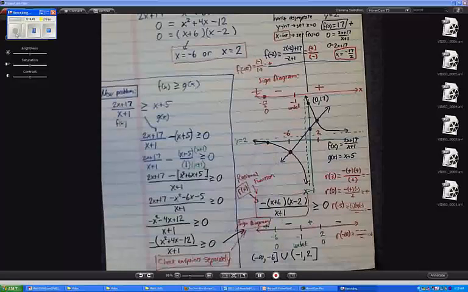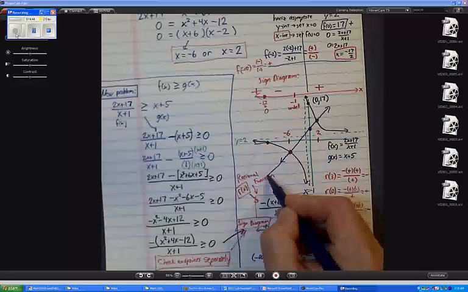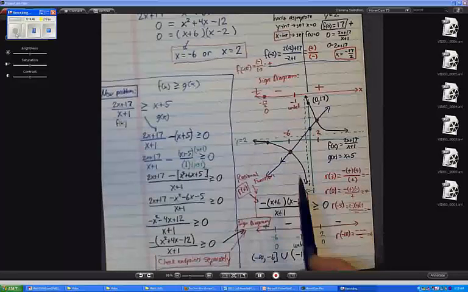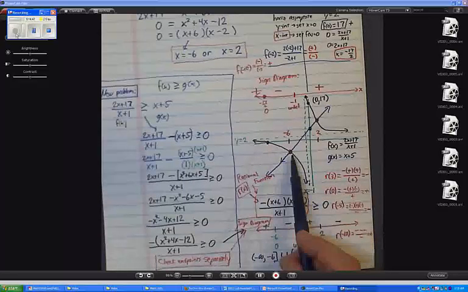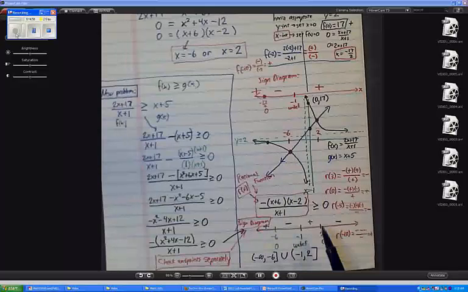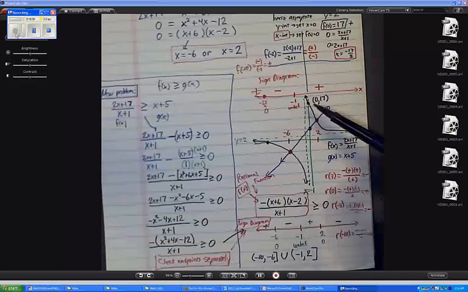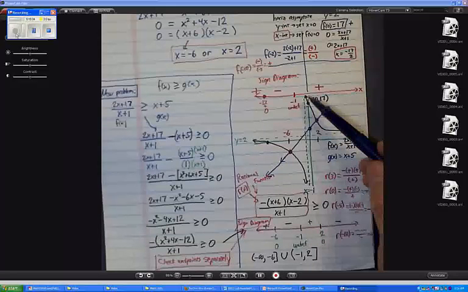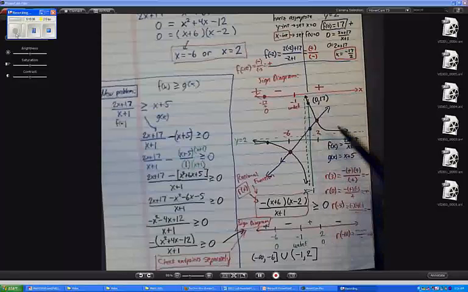I didn't draw it out this far, but do you see what I'm talking about? And then, in this interval, the blue's above the black, until you get to negative 1. Why? Because there's an asymptote, and all of a sudden, where's the black now once I move to the right of negative 1? Way up here. See that? We have f of x above g of x until you get to where? 2. And then from there on out, g of x is greater than f of x.